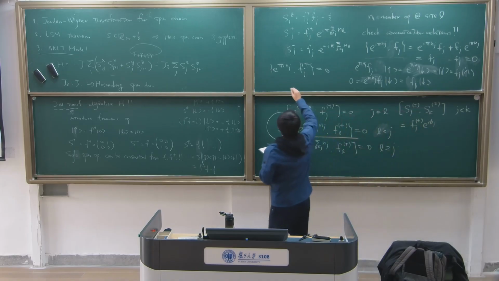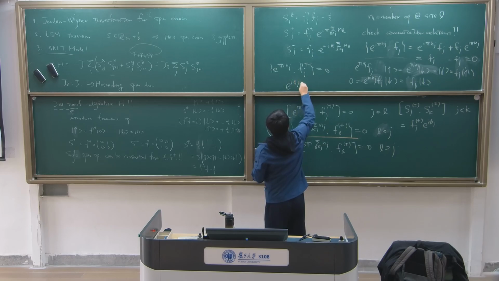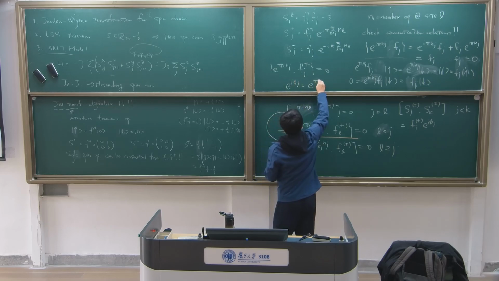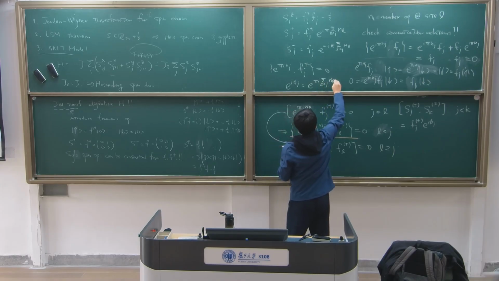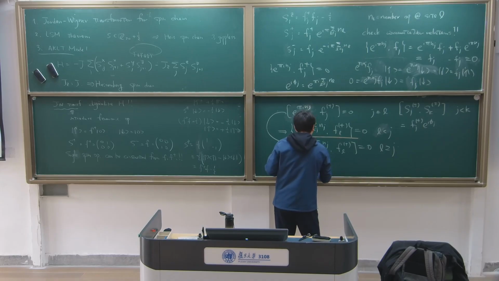I define e to the i phi j as e to the i phi sum over l less than j.